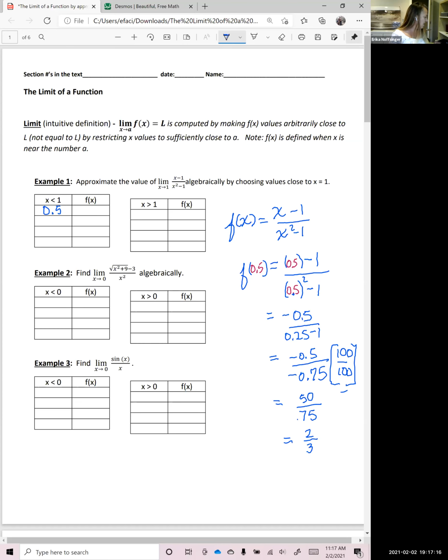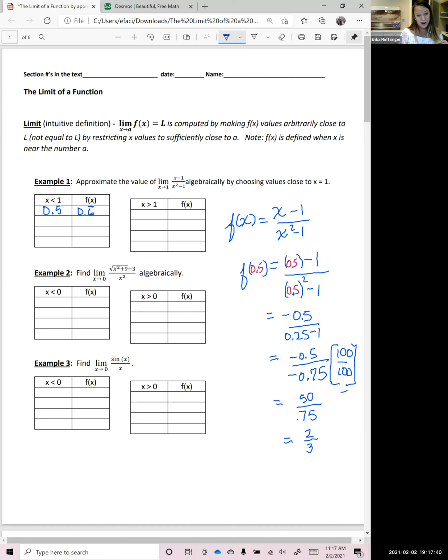Okay, so 2/3 though, if we look at that, we get 0.6 with a bar over it. So this is really 0.666666666, going on infinitely. And you'd find that if you did 2 divided by 3 in your calculator.